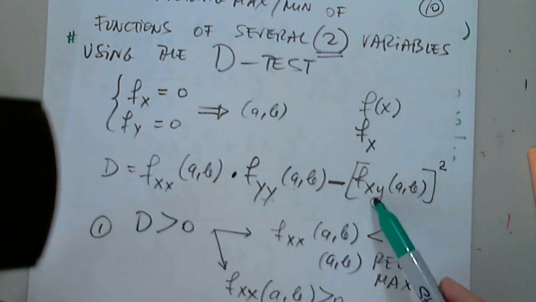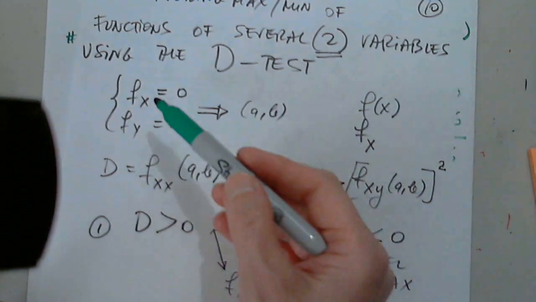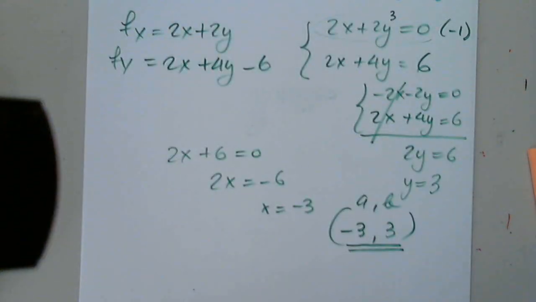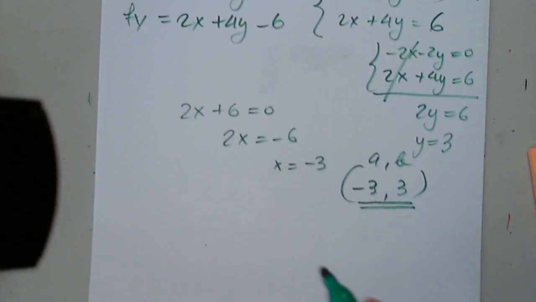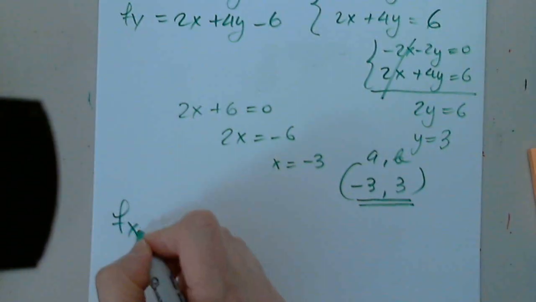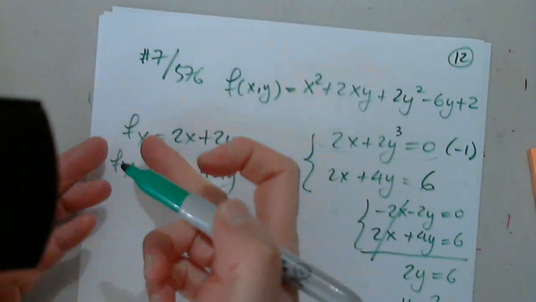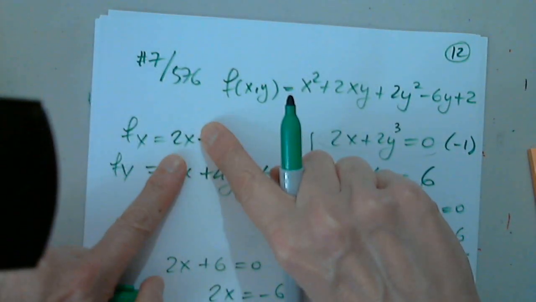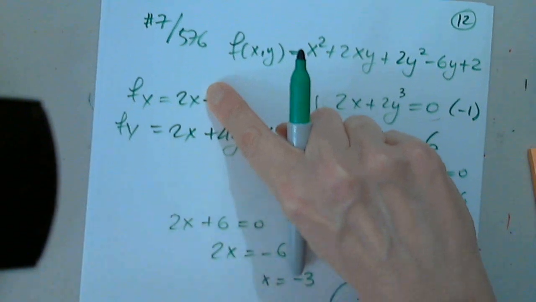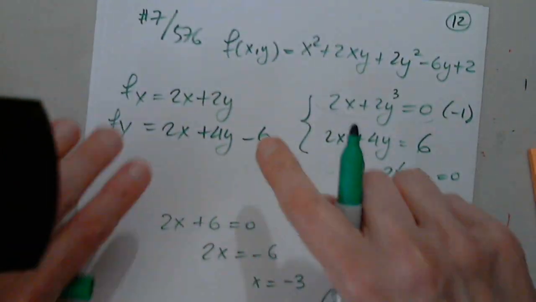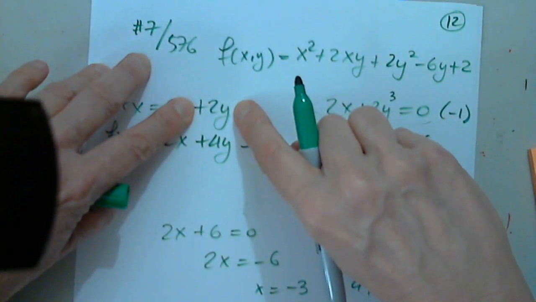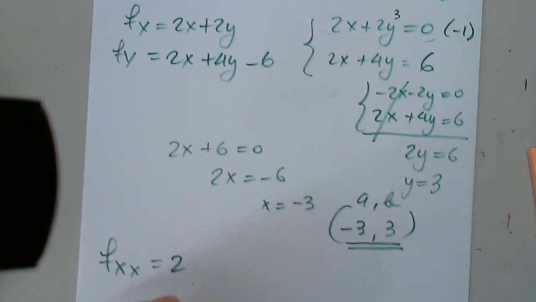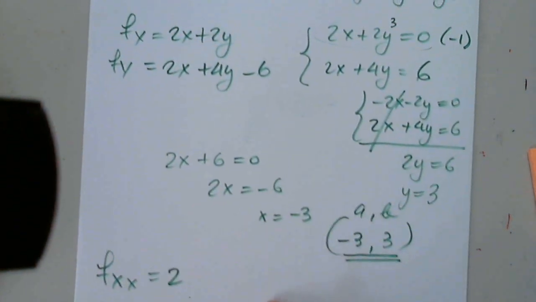We did not determine these yet. We only determined these 2. So we have to determine these 3 now, and then plug in that point. fxx: let's differentiate this term with respect to x. 2. Let's differentiate this with respect to x. 0. Excellent. Now fyy.